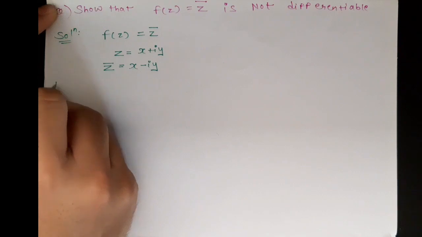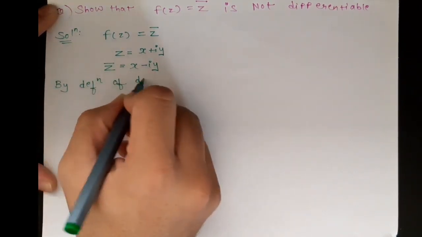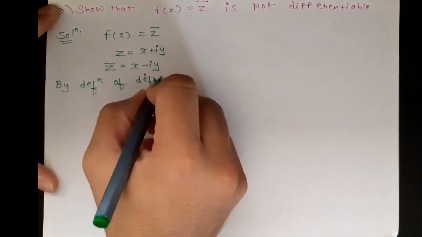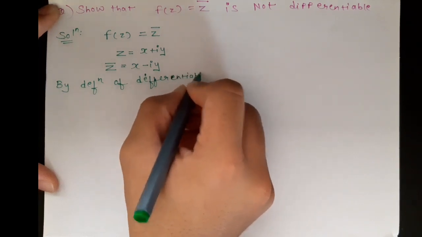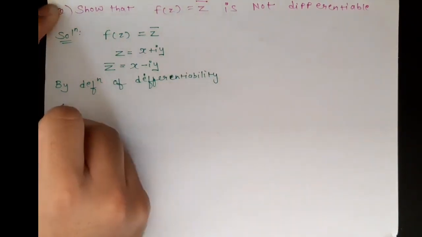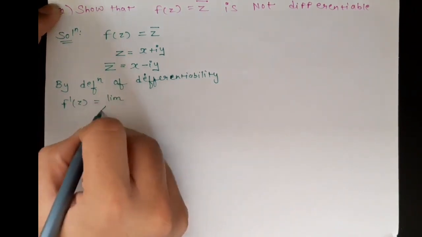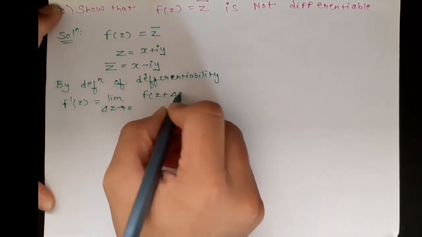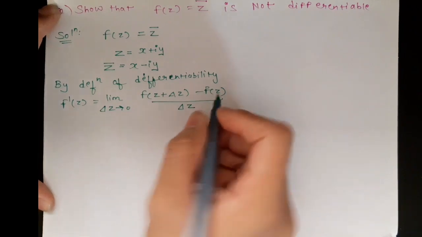So by definition of differentiability we can write f dash z is equals to limit delta z tends to 0 f of z plus delta z minus f of z upon delta z.